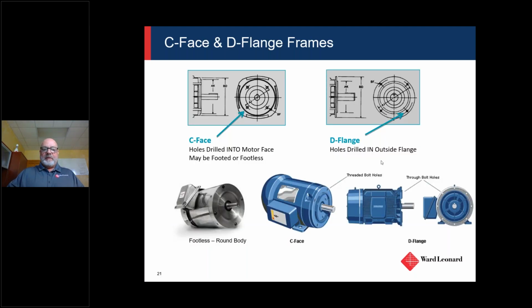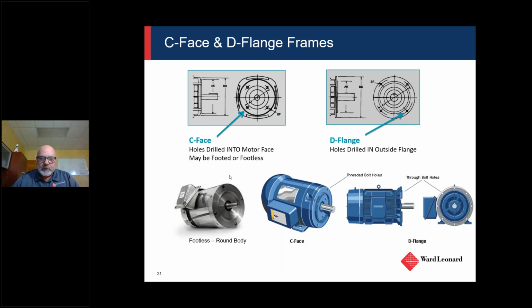And then when we look at flanges, and a lot of flange motors out there, typical applications would be a gearbox, pump, any kind of eddy current drive, a clutch, a brake, something that the motor has to flange mount to. Those would be C-face, and the frame is going to indicate what that is, like a 215 TC.